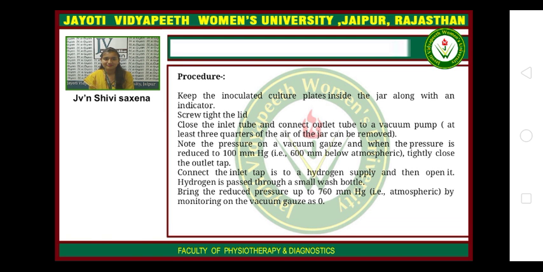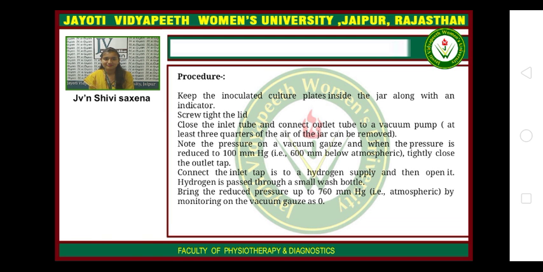At least three quarters of the air of the jar can be removed. Note the pressure on a vacuum gauge, and when the pressure is reduced to, for example, 600 mm Hg below atmospheric, tightly close the outlet tap.